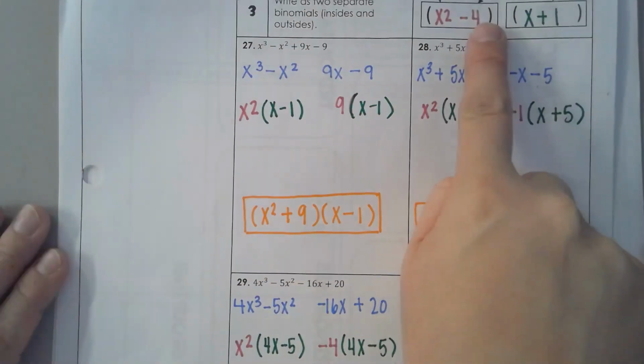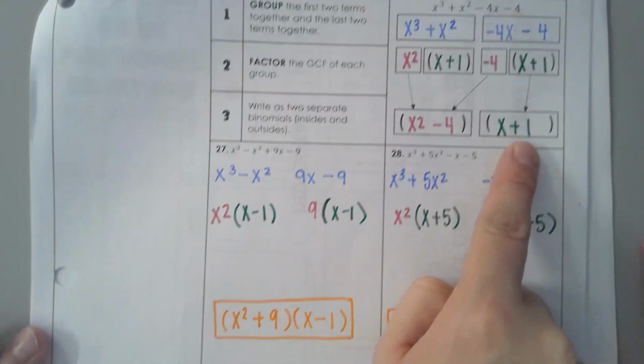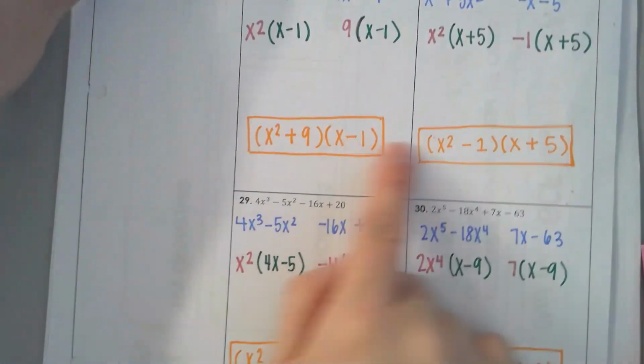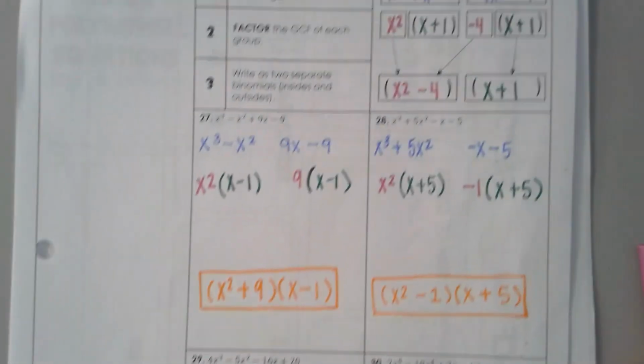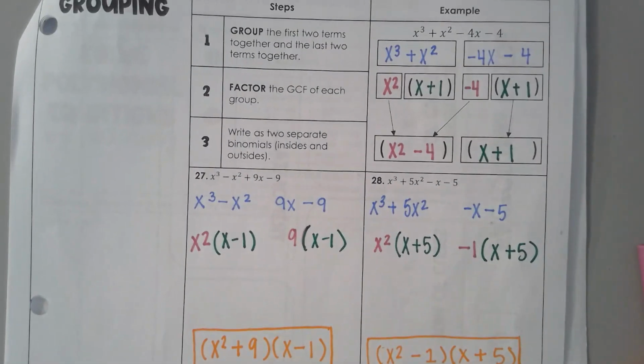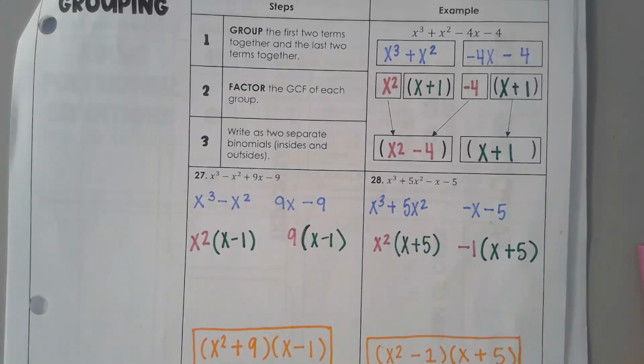Look at each of your factors and see if any of those could be factored some more using one of those methods. Do you see any that could? See any that are difference of squares or some difference of cubes?